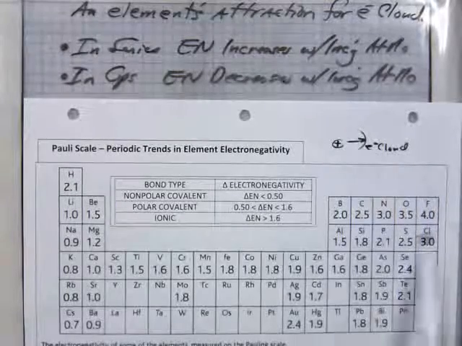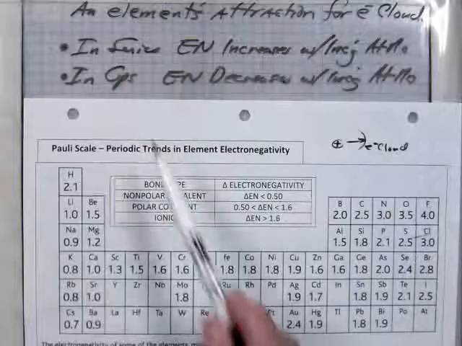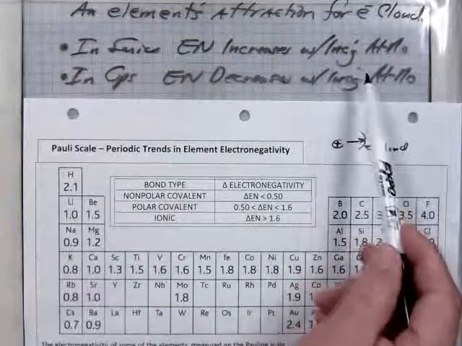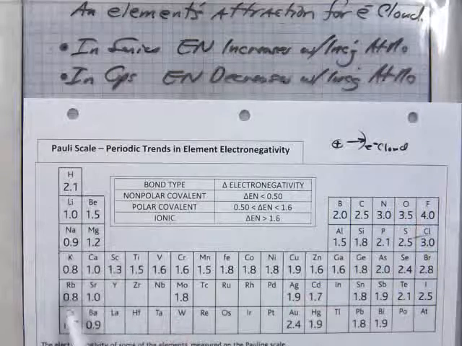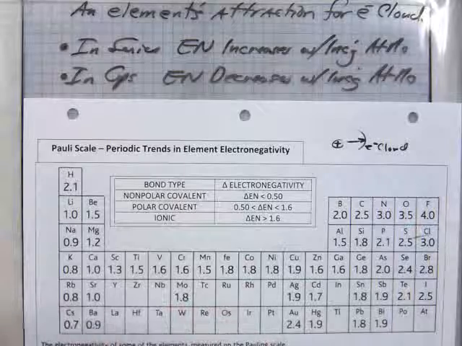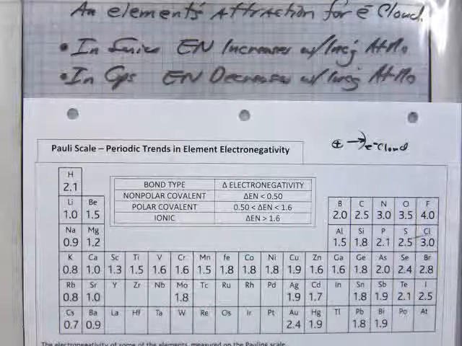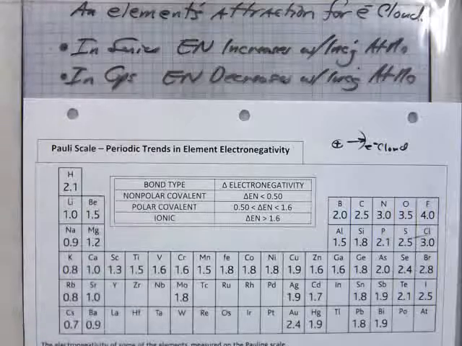In series, as you look, you'll see the numbers are increasing with atomic number. But in groups, you see it decreases. Well, the reason it decreases in groups is because the rings that you're adding place the valence electrons further and further away from the nucleus.